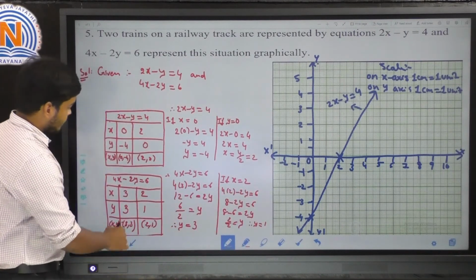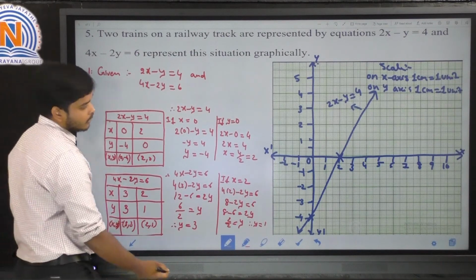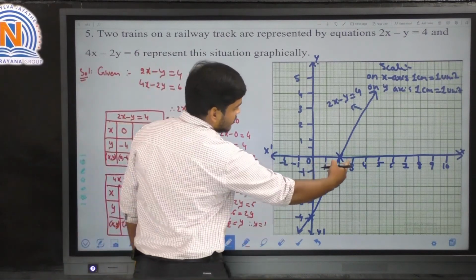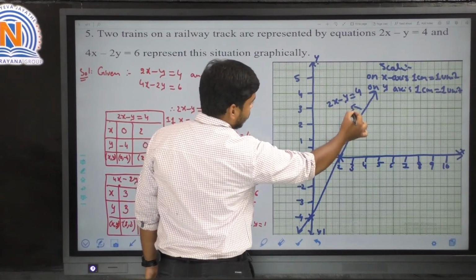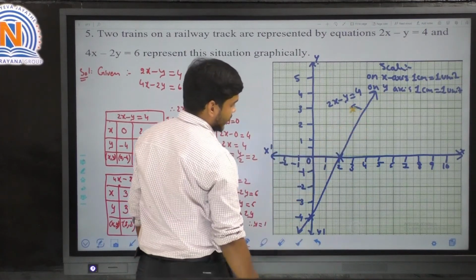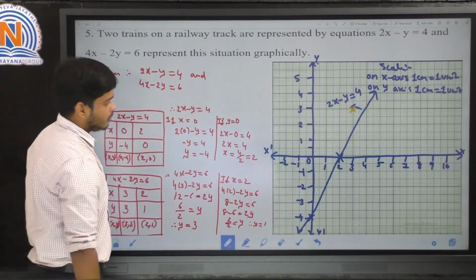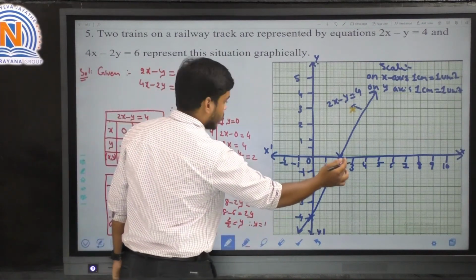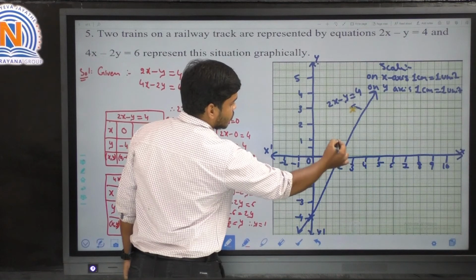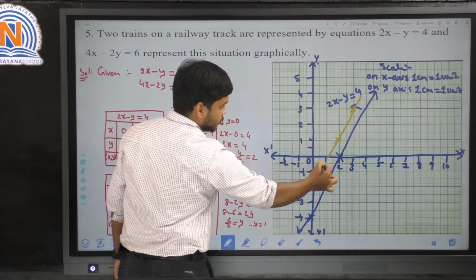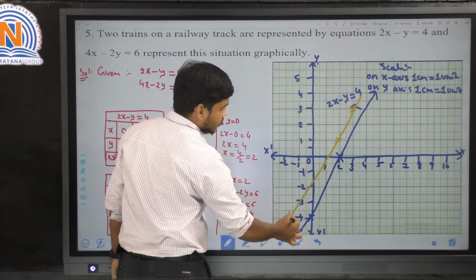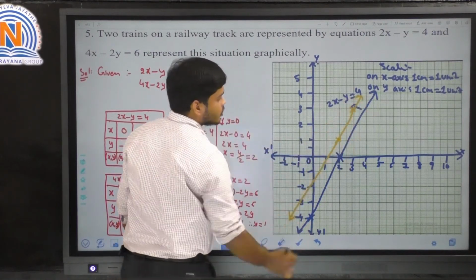Now the next one: 3, 3, where the x-axis is 3 and the y-axis is 3, and the next one is 2, 1. So the x-axis is 2 and the y-axis is 1. Join these two. What happened to these two lines?